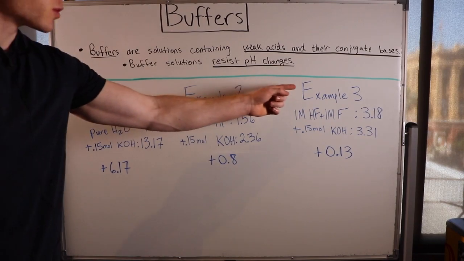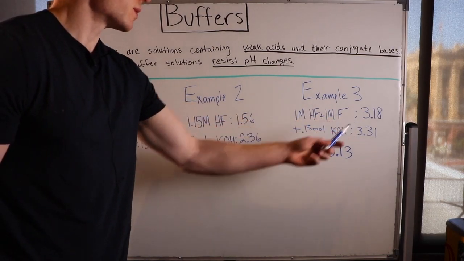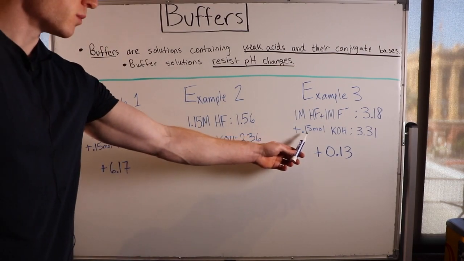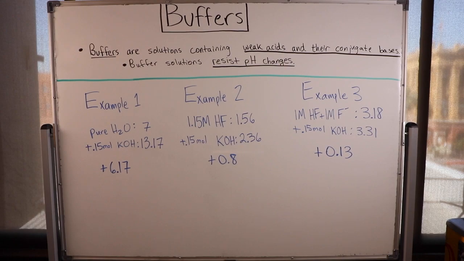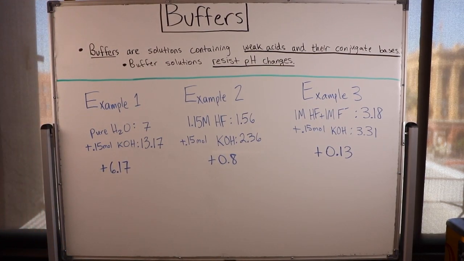And then finally, example 3, we had a true buffer. So we started off with 1 molar concentration of hydrofluoric acid, a weak acid, and its conjugate base, the fluoride ion. And we had equal amounts of both, and this generated an initial pH of 3.18 in our solution. And upon the addition of 0.15 moles of potassium hydroxide, the pH raised very slightly to 3.31, only by 0.13 points.